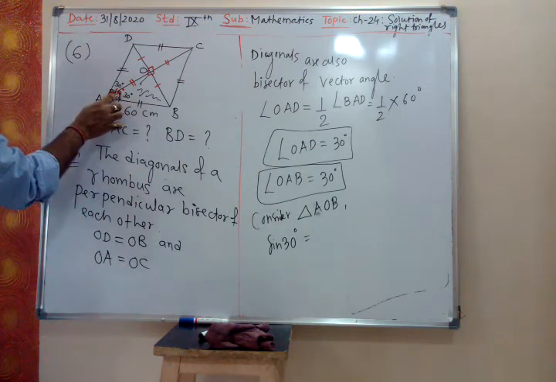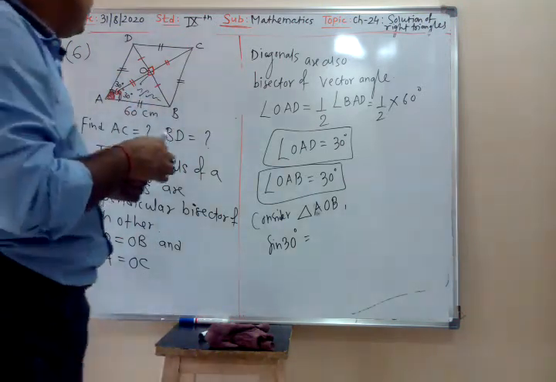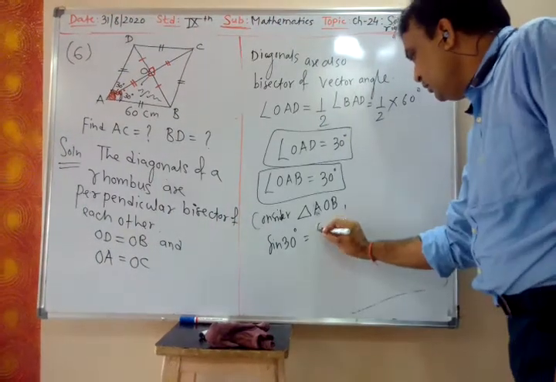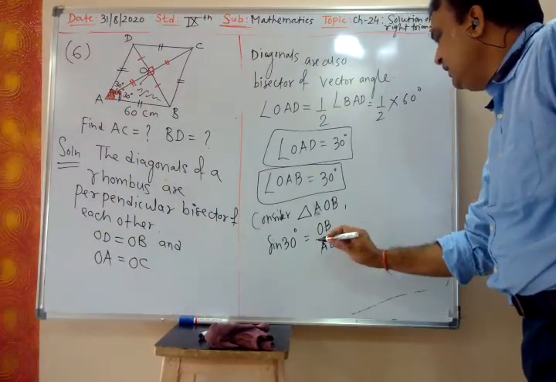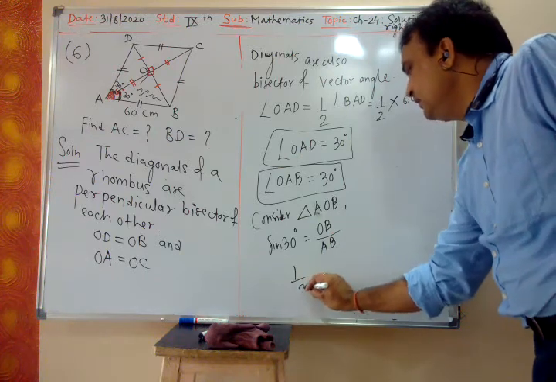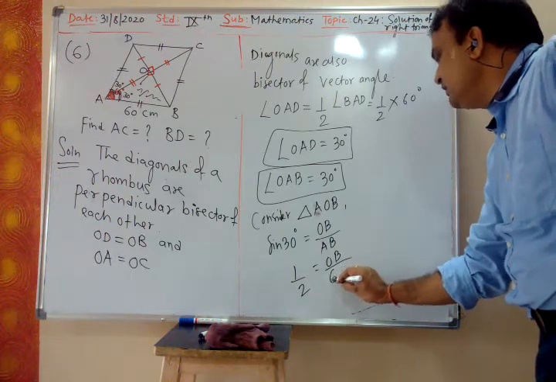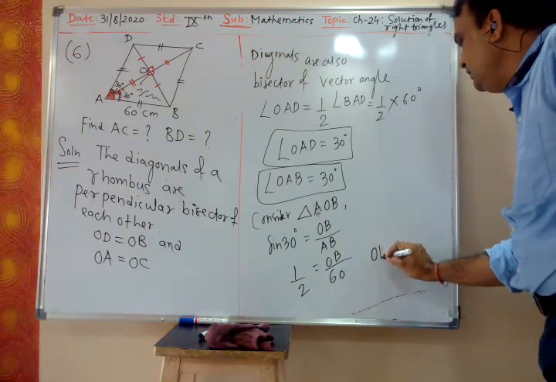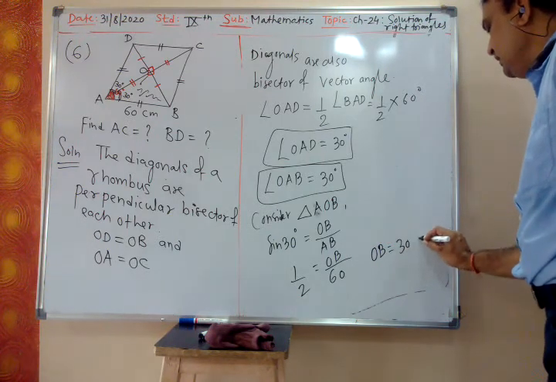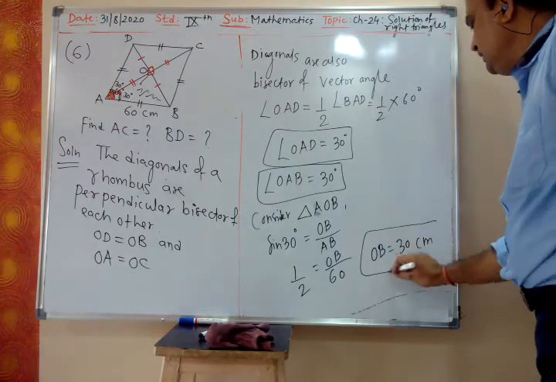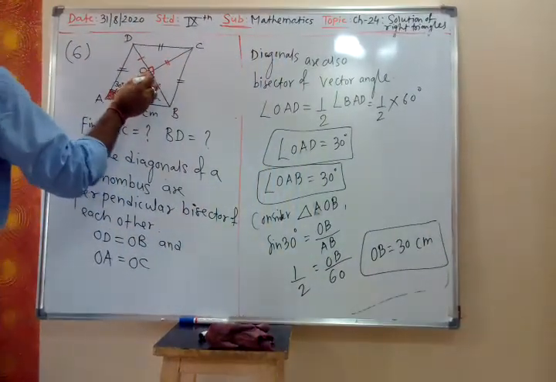This is my reference angle. Sine 30 is opposite upon hypotenuse, OB upon AB. Sine 30 is half, so half is equal to OB upon AB. AB is given 60, so OB is equal to 60 by 2, that is 30 centimeter. So OB is 30 centimeter.